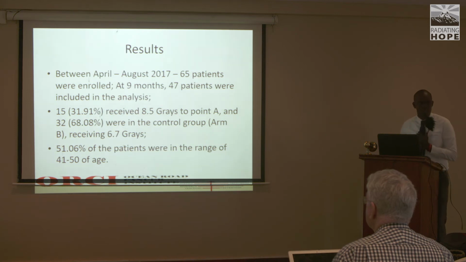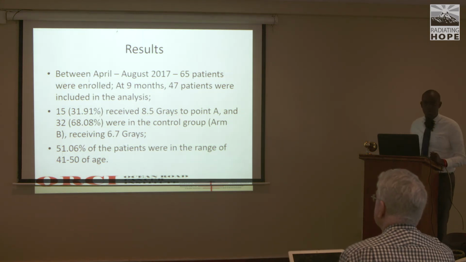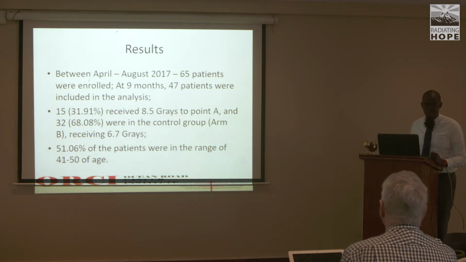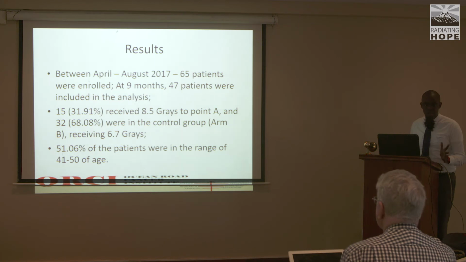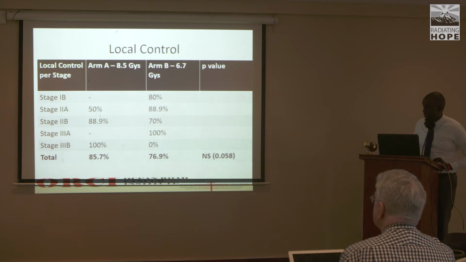So now remember, we couldn't randomize for histology type, which is very difficult because we only have squamous cell carcinoma anyway. So we would only do local control randomized and controlled for stage. At the end, we had no statistically significant difference in local control between the two.